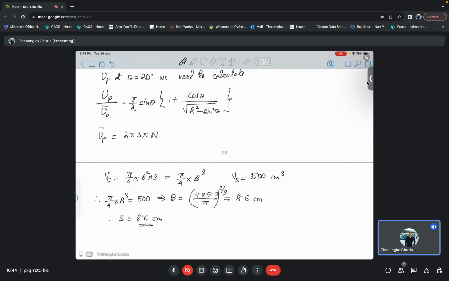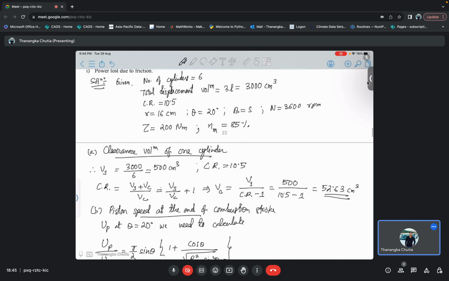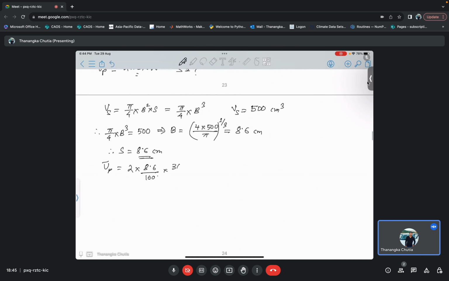Now this s we will put here. Up bar will be equal to 2 into 8.6 divided by 100, and into your n, which is given as 3600 divided by 60, so this will be all in meters per second.